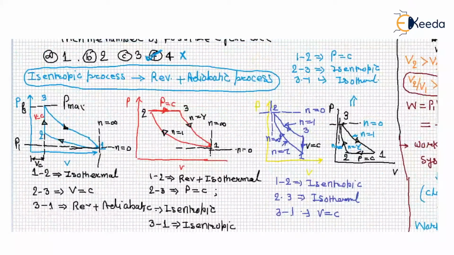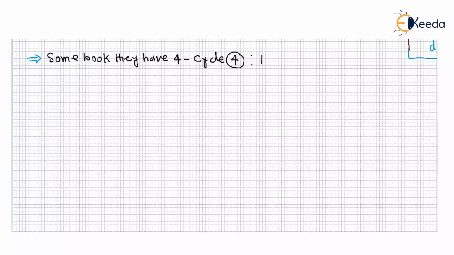What is meant by the constraint? See, in many books I am reading, some books have 4 cycles, that means option number 4, but they miss the constraint.